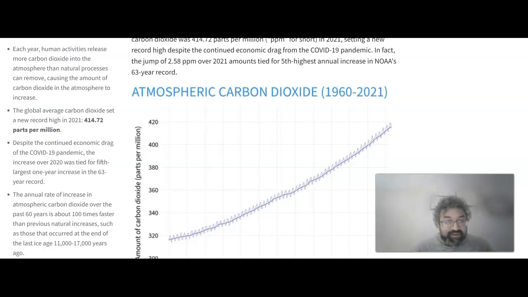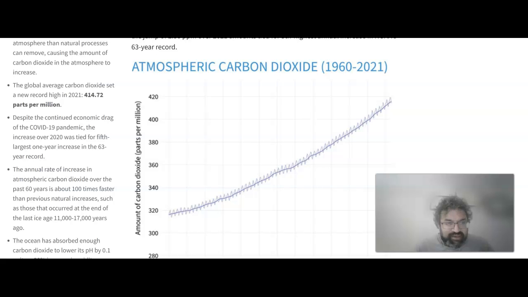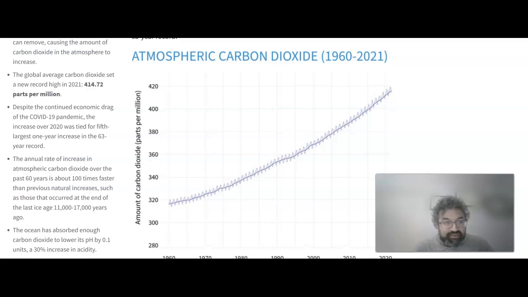Despite the continued economic drag, it was the fifth largest one-year increase. The annual rate of increase of atmospheric carbon dioxide over the last 60 years is about 100 times faster than previous natural increases, such as those from the last ice age 17,000 years ago.